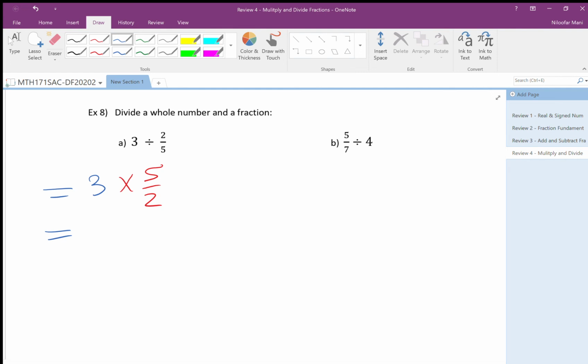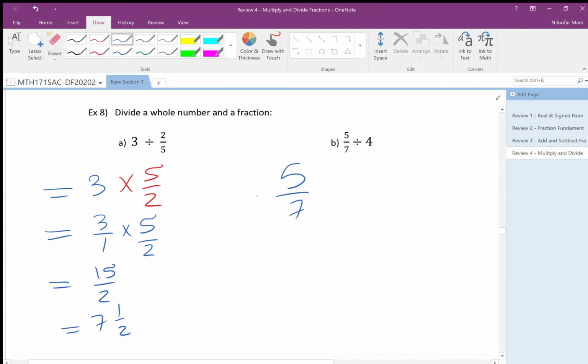But you can also do this: 3 divided by 3 over 1, 5 over 2, and then you know 15 over 2, and then you know 7 1 over 2. Done. What about next? So it's 5 over 7 divided by 4 over 1, which is 5 over 7 multiply 1 over 4, which is 5 over 28.